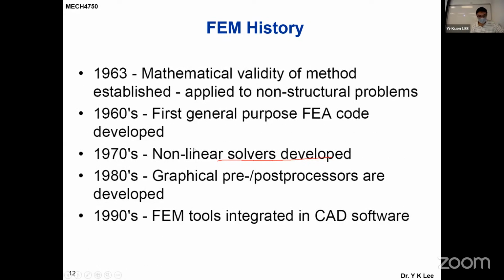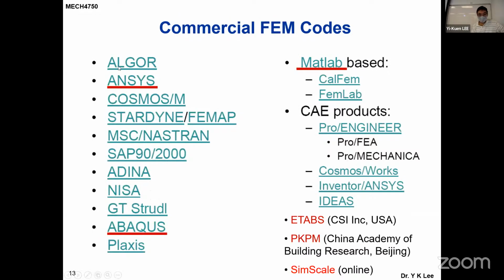At this moment, I would say this method has matured, and there is so much software you can use. Here I show you a long list of this software: Ergo, NC, Console, Abaqus. Traditionally in ME, when I was a student, ANSYS and Abaqus were quite popular in mechanical engineering.